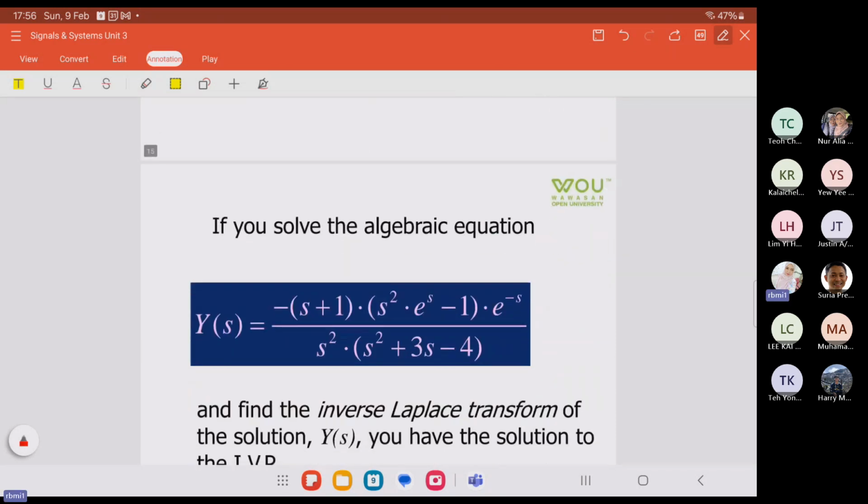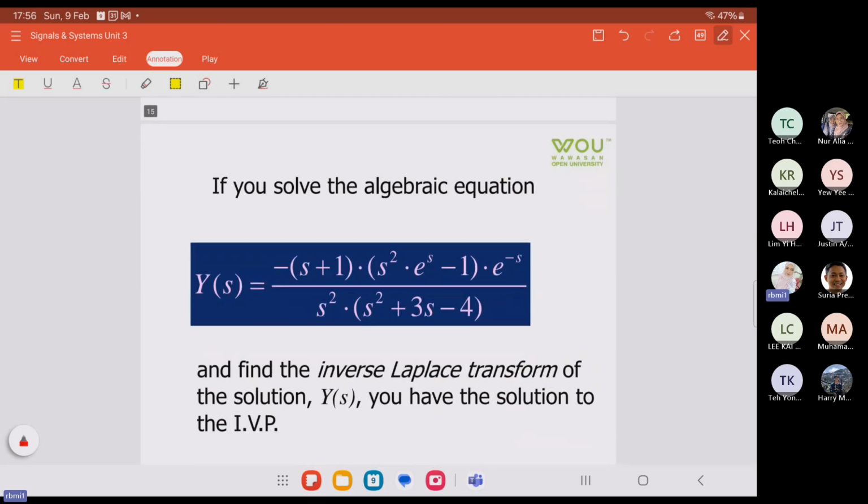If you want to solve the algebraic equations, from this one we have a numerator and denominator, and from here we can get the roots. The Laplace transform is very useful in solving systems of linear differential equations, or ordinary differential equations, ODE.